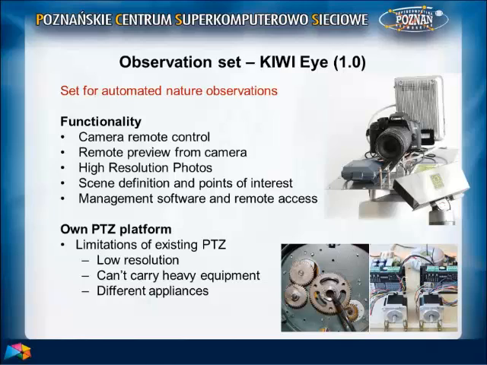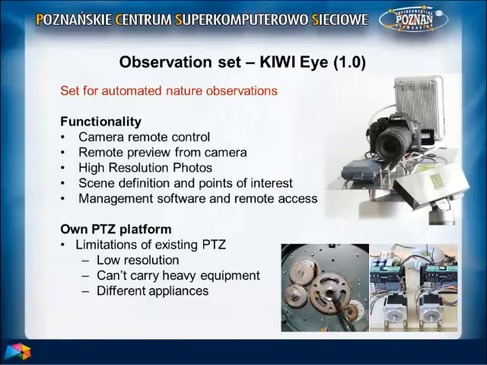There was also some development of a pan tilt zoom platform for rotating and moving the camera, the whole set, for nature observations, because there were some limitations of existing PTZ pan tilt zoom platforms.